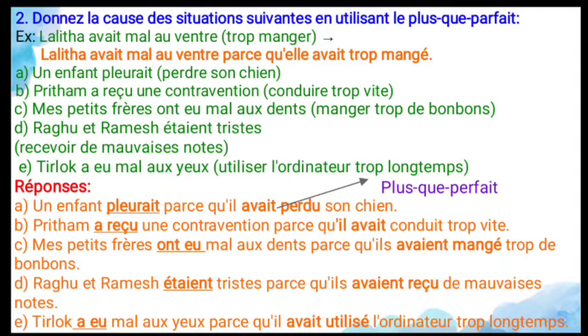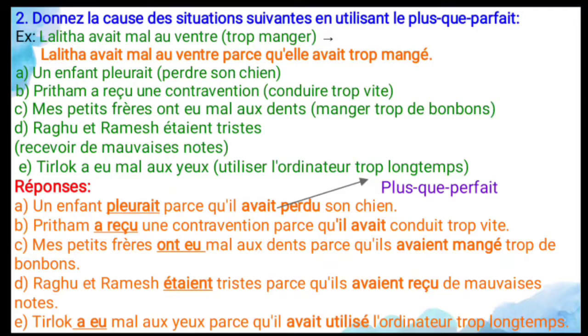So the first one is un enfant pleure and perdre son chien. So a child cries, and the verb is what? Perdre means to lose. Chien means dog. And let's see the answer. Un enfant pleure. One you have to conjugate in the imperfect, and the reason you have to conjugate in the plus-que-parfait.